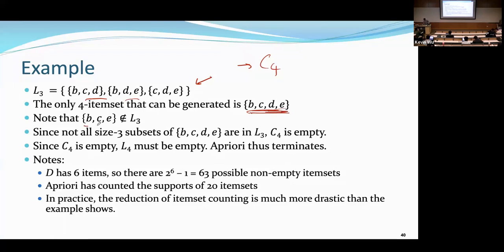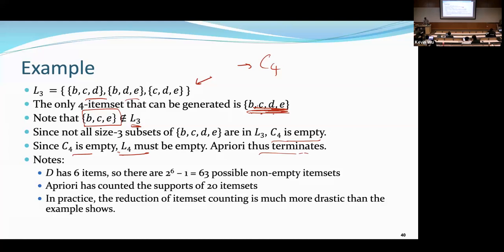Now we notice that one of the subsets BCE of BCDE is not frequent, and therefore BCDE cannot be frequent either, and so BCDE will not be put into C4, and as a result, C4 is empty, and therefore at this point, apriori terminates because there's no more frequent item set that can be found. All right, and so C4 is empty, L4 must be empty, apriori terminates.